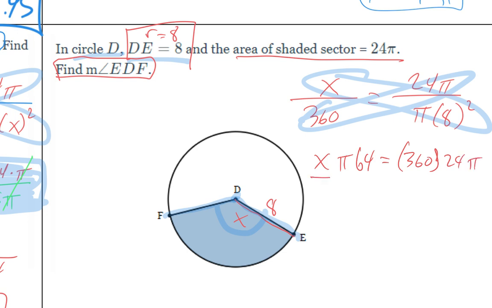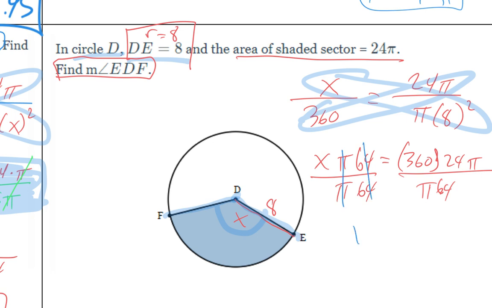Now once again, what are we trying to accomplish? We're trying to find the value of x, so we want to get rid of the other stuff. Mathematically, what do we do next? Go ahead and go through the next step. Hopefully you said divide by pi 64. If I do it over there, we have to divide this side by pi 64. So the pi and 64 cancel on the left side.